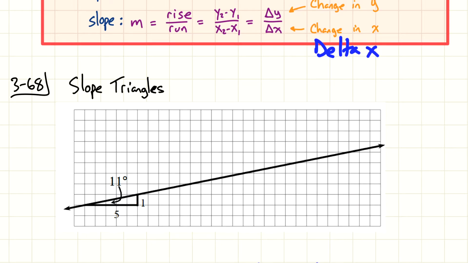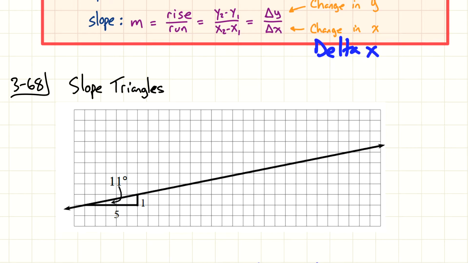So it's really just us drawing in the rise and the run, right? So that's our slope, the rise and the run of this line. And so this question is asking us, can we draw more slope triangles on this same line that do not have the same measurements as this original one?